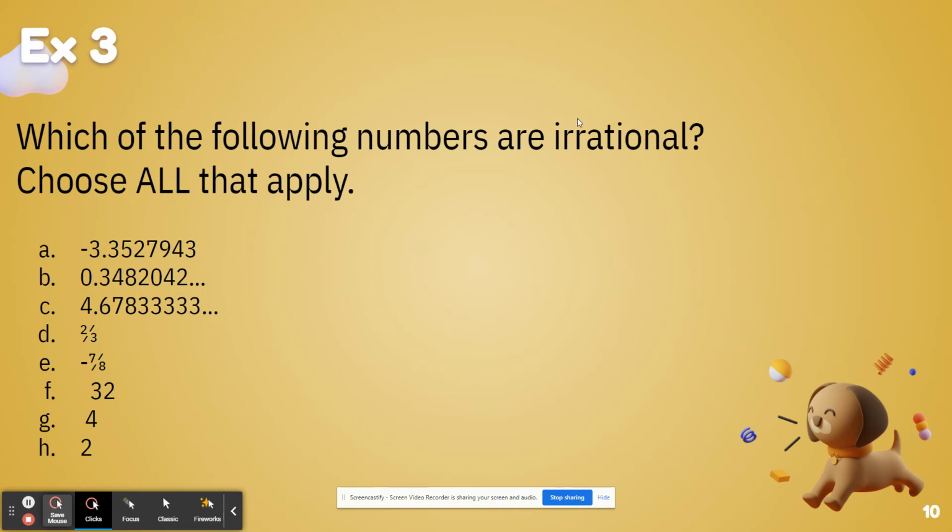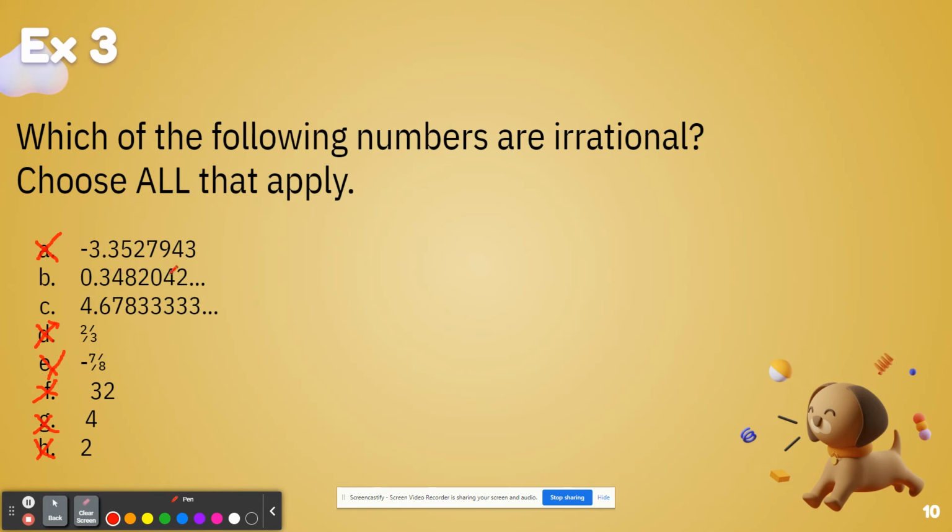It says, which of the following numbers are irrational? So first thing is, as soon as I see that I can write it as a fraction, I know that none of these will be the right answer because they're fractions, because these are rational numbers. I also know that this number here ends, which means it is rational. This ... means that it continues forever.